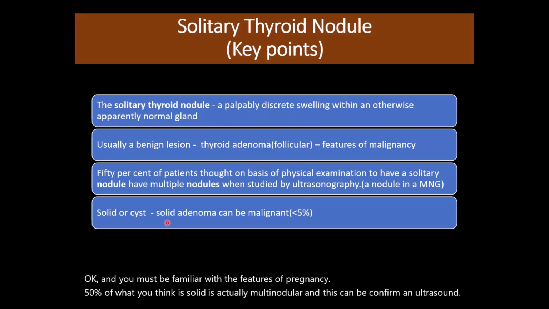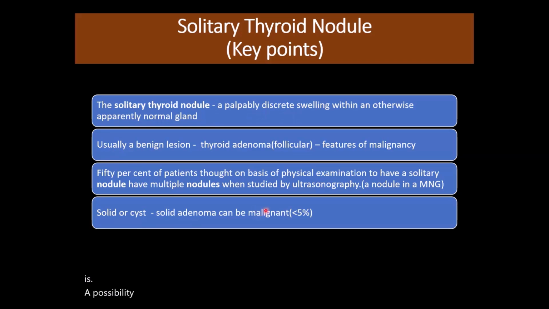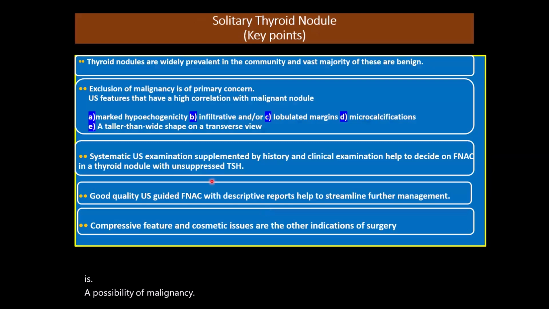Solid nodules are very important because although the chance is less than 5%, there is a possibility of malignancy. Right? Actually, thyroid nodules are quite prevalent, quite common in our society.